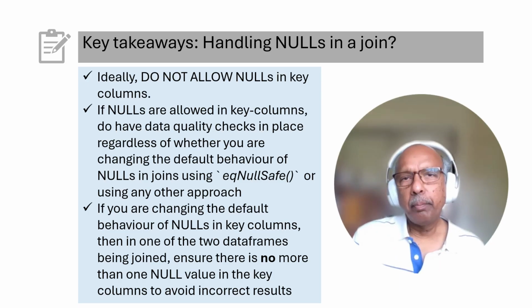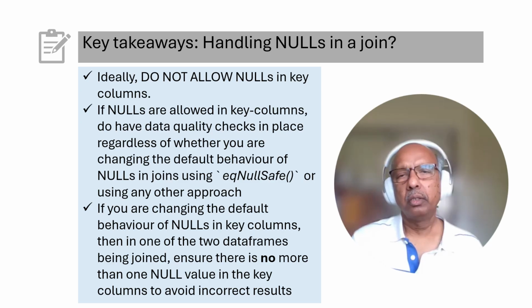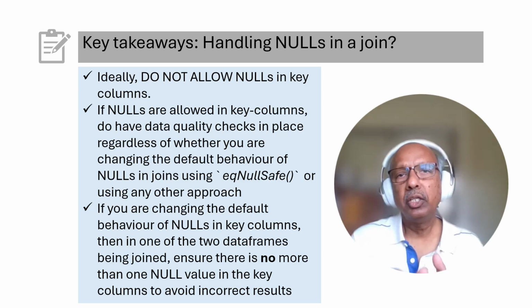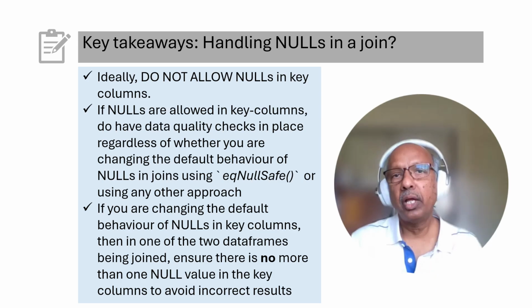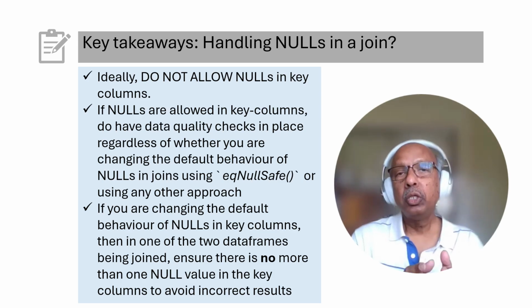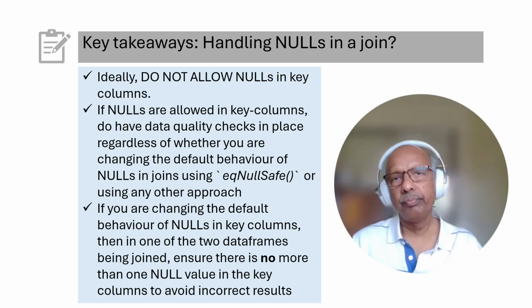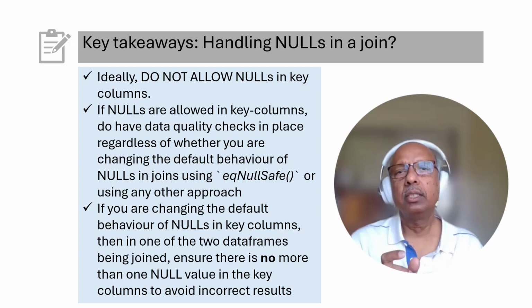To minimize the impact of nulls in a join, ideally do not allow nulls in key columns because, as you may already know, key columns are the ones that are commonly used to join the data frames. If nulls are being allowed in the key columns for whatsoever reason, do have data quality checks in place.